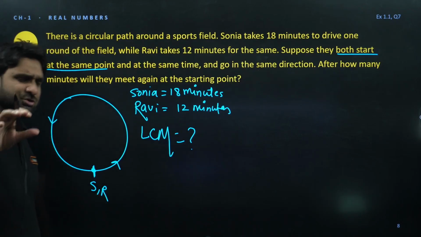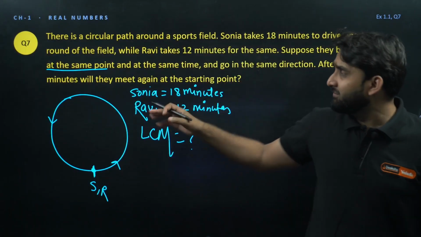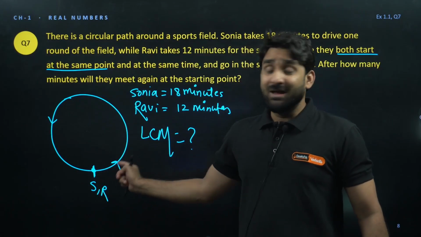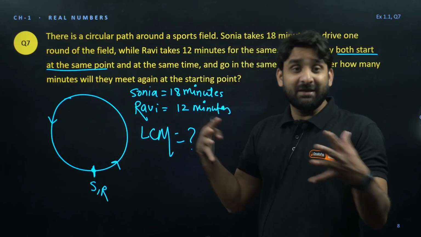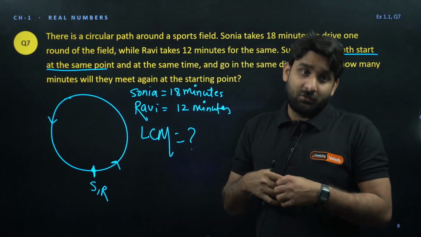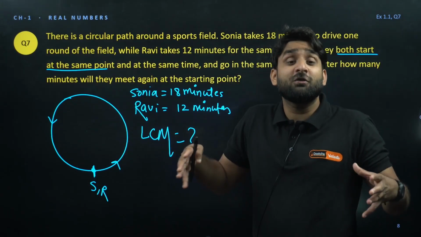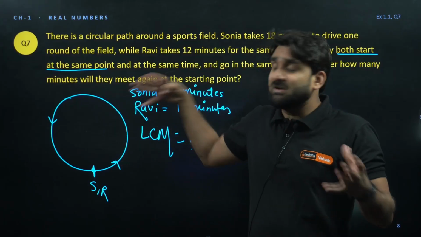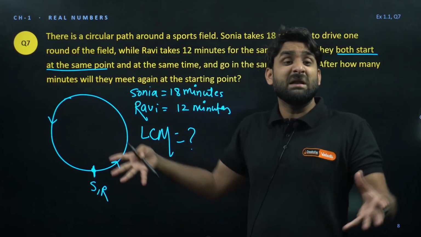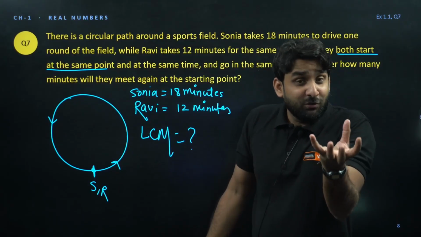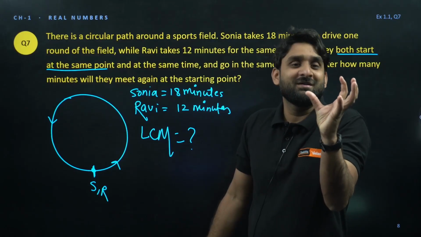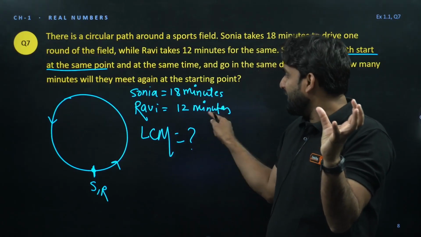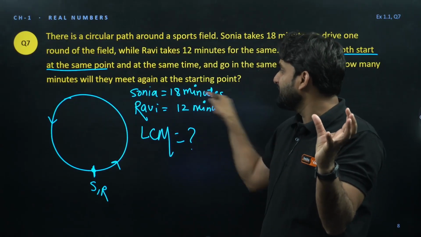My dear, just use your common sense. If they start from here and will meet somewhere again, the time will of course be a larger number. After some time, at what time will they meet again? So we are looking to find the bigger number. This is the time taken individually, 12 minutes and 18 minutes.